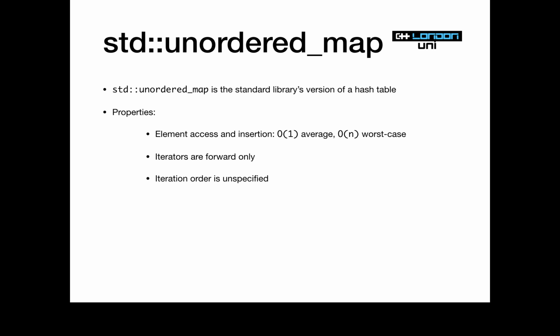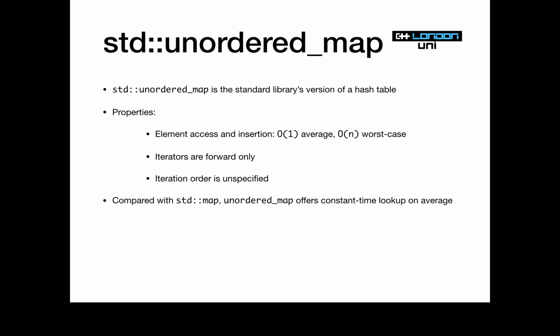The elements can be given to you in absolutely any order whatsoever. Whereas with an ordinary ordered map, when we iterate over the elements of the container, we're guaranteed to be given them in the sorted order of keys. For an unordered map, we're guaranteed to get every element exactly once, but which order we get them is unspecified. It's unordered, hence the name.